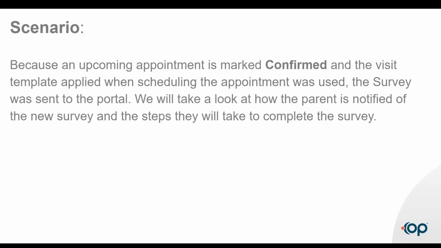Because an upcoming appointment is marked confirmed and the visit template applied when scheduling the appointment was used, the survey was sent to the portal. We'll now take a look at how the parent is notified of the new survey and the steps they will take to complete it.